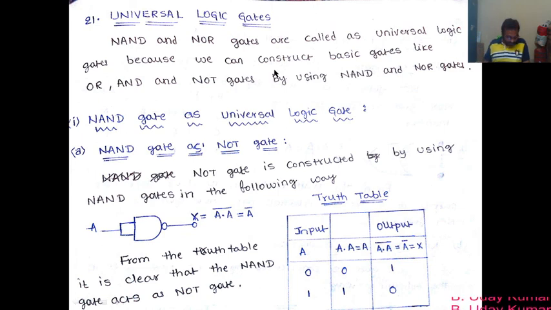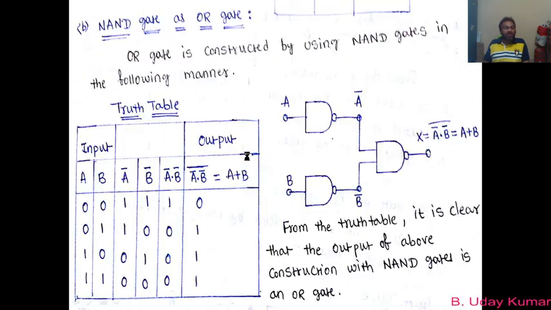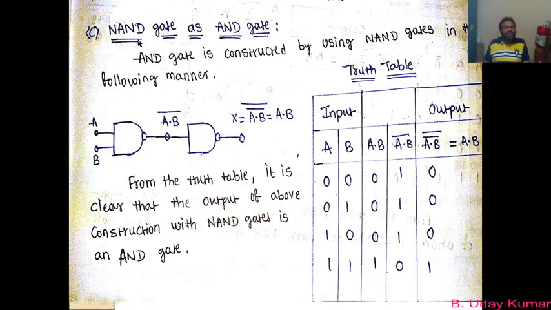Anyway, because of time factor, I just stop here. In our next video, we will see how NAND gates are used to construct gates. Can you see this heading here? We can use NAND gate to construct a NOT gate, you can use NAND gates to construct OR gate, and you can also use NAND gate to construct AND gate.